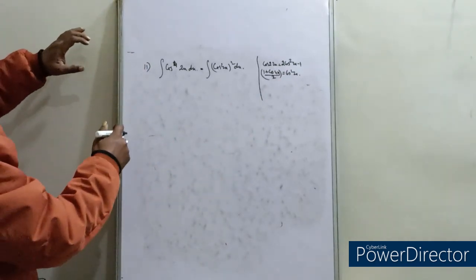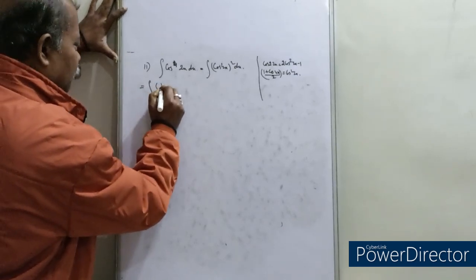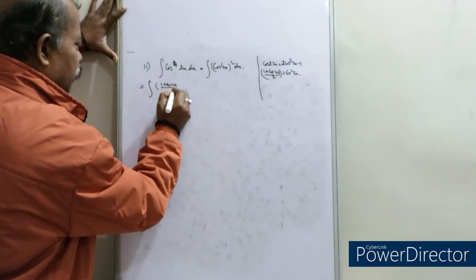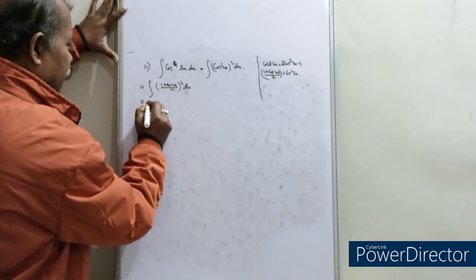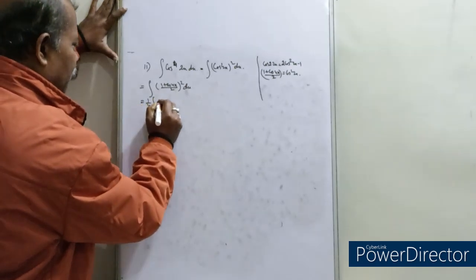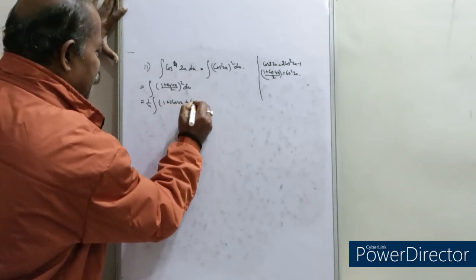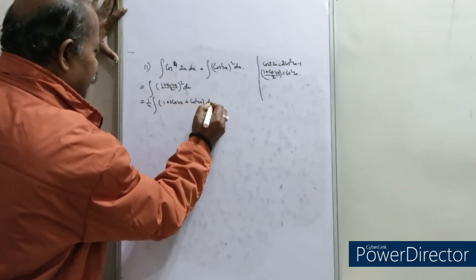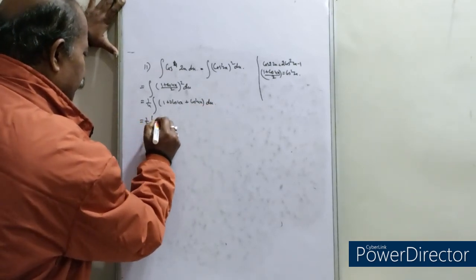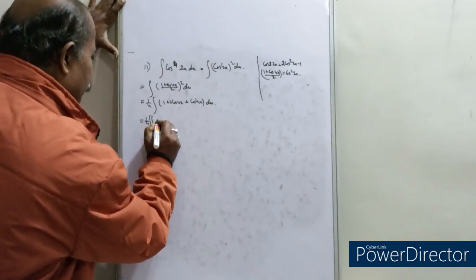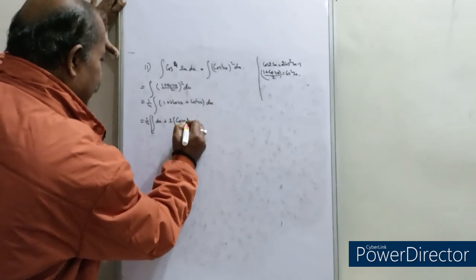So same thing, integration of 1 plus cos 4x by 2 the whole square dx. So this comes out to be 1 by 4 of a plus b whole square, a square plus 2ab plus b square, dx. So here again 1 by 4, this is integration dx plus 2 cos 4x dx.